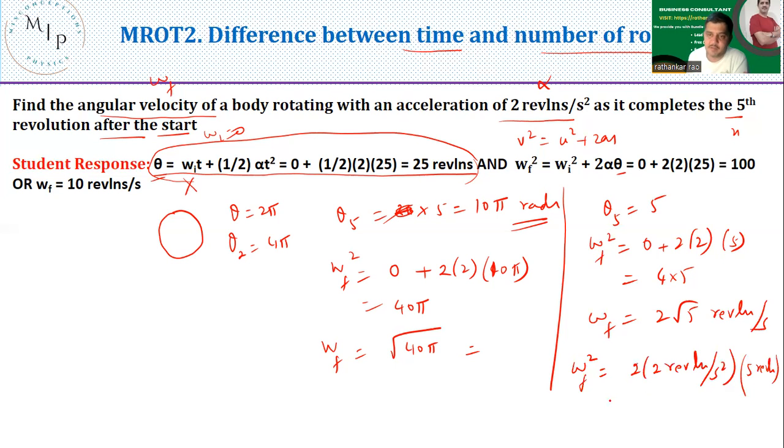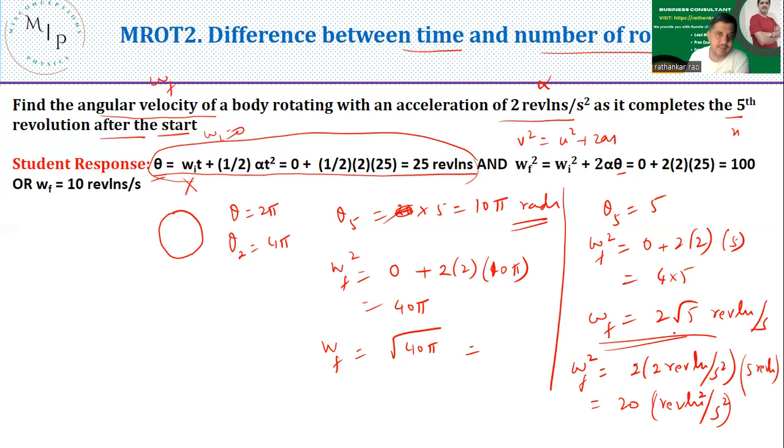Thus the answer you get is 2 into 2, 4 into 5, 20 into revolution per second, the whole square, or revolution into revolution is revolution square, second square. So when you take the square root, you will get 2 root 5 into revolution per second. So this is the right answer.